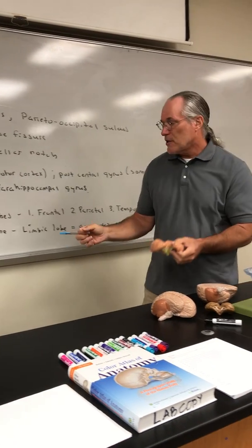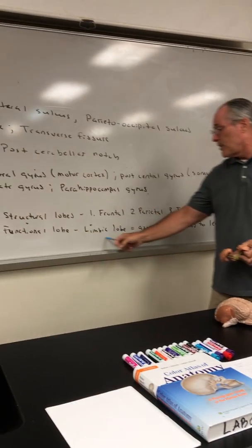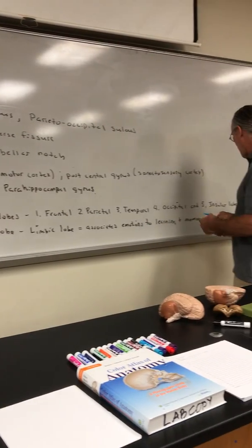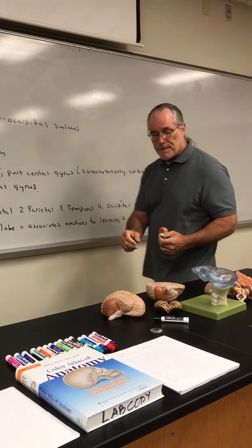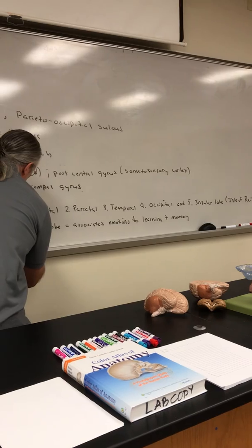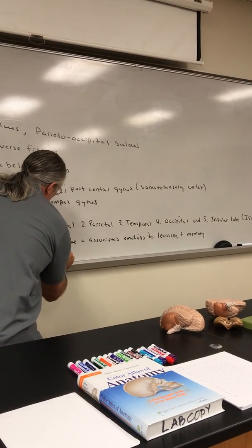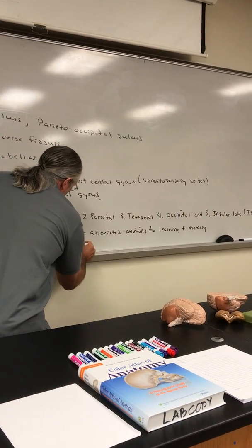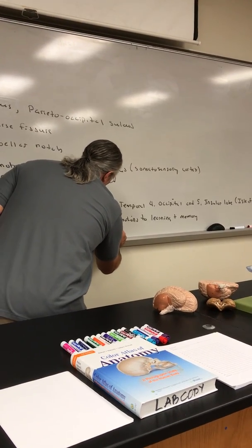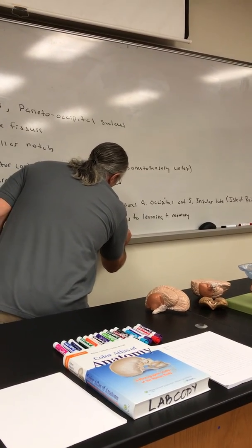And then we said that the limbic lobe is a functional lobe, and it associates your emotions to your learning and memory. And I forgot to put down that the limbic lobe actually consists of the cingulate gyrus plus the parahippocampal gyrus.